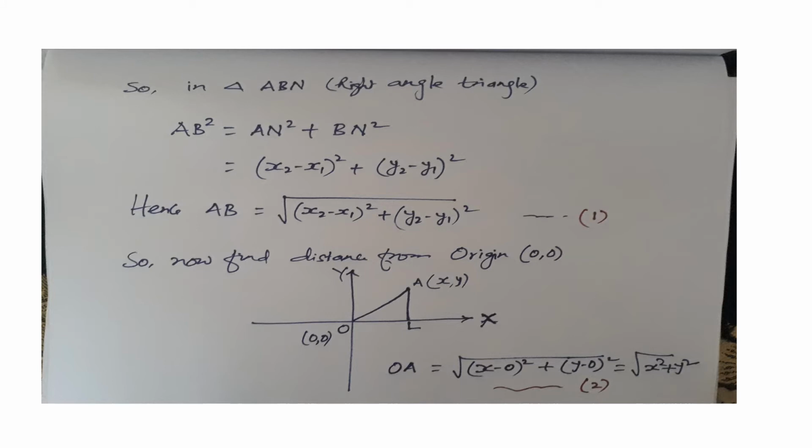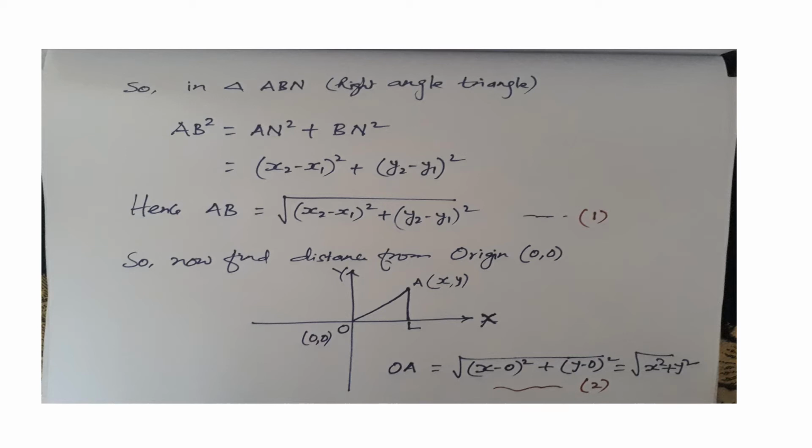Here in this triangle ABN, which is a right angle triangle, from Pythagoras theorem you can find that hypotenuse square is equal to perpendicular square plus base square. So AB square is equal to AN square plus BN square. AN square is nothing but x2 minus x1 whole square, the difference in x coordinates, and BN is the difference in y coordinates, so y2 minus y1 whole square.